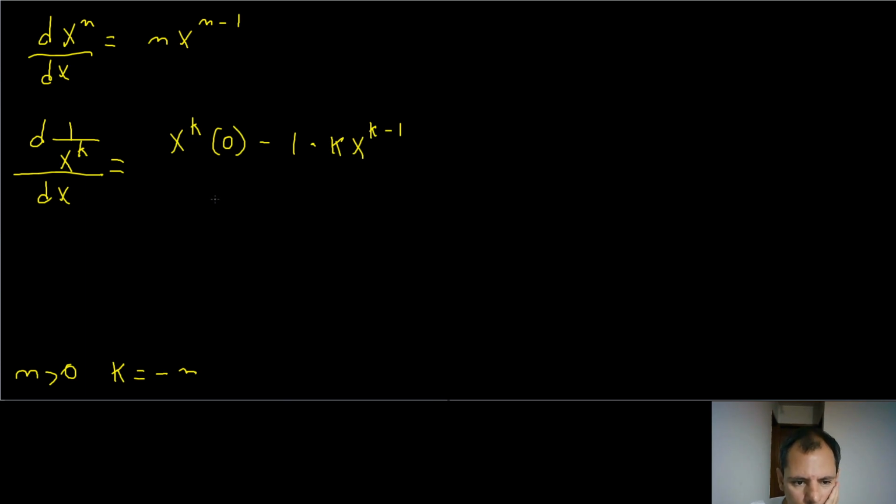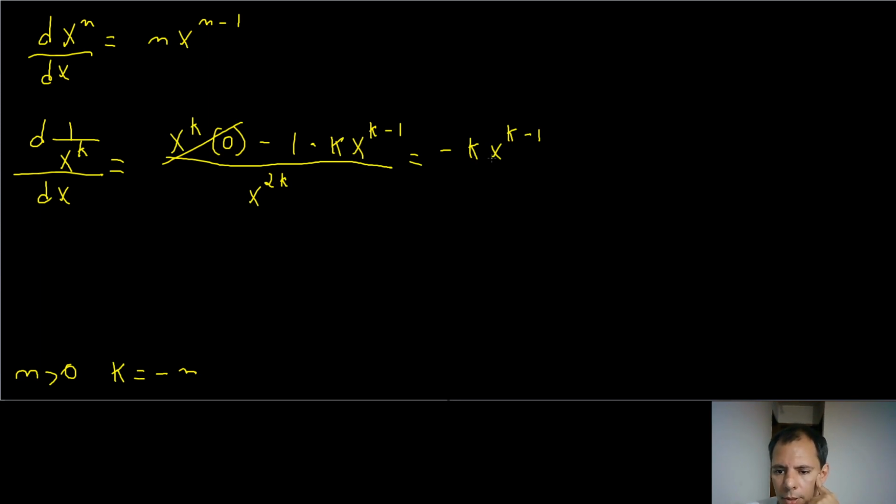And all of it is divided by the square of g of x, so x to the 2k. This term disappears because it's multiplying by 0, and then you have a negative k x to the k minus 1, divided by x to the 2k.